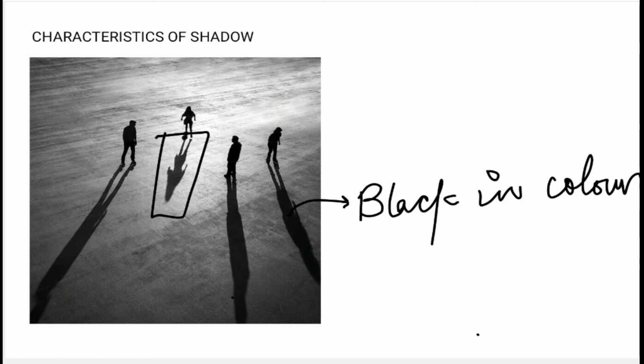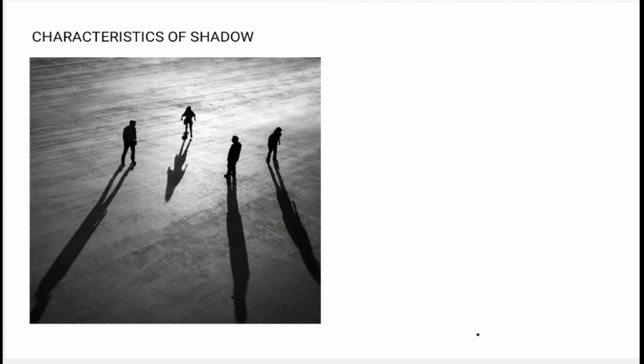You can see here the shadow is of this much length, here of this much length, and here of this much length. So the size of the shadow depends upon the position of the source of light, from where we have the source of light. And it also depends upon the position of the opaque object.